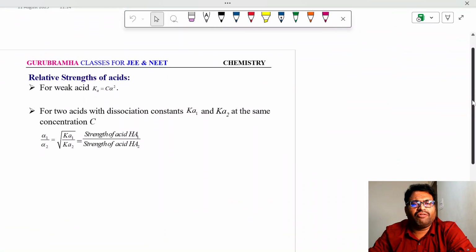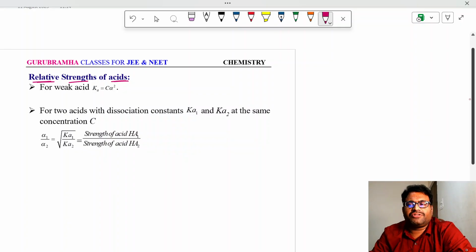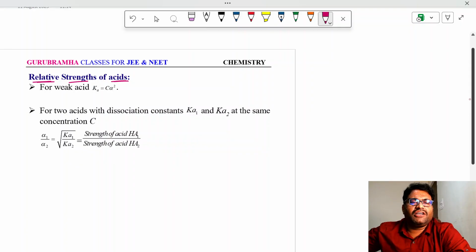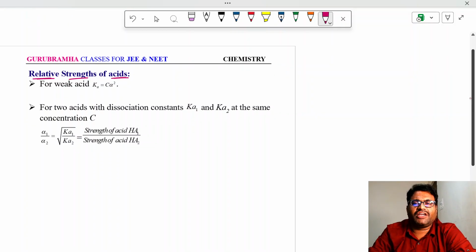So here what is given? We are speaking about relative strengths of acids. Already we have discussed strong acid and weak acid. Previously we discussed how you decide whether an acid is strong or weak. It depends upon its degree of dissociation.